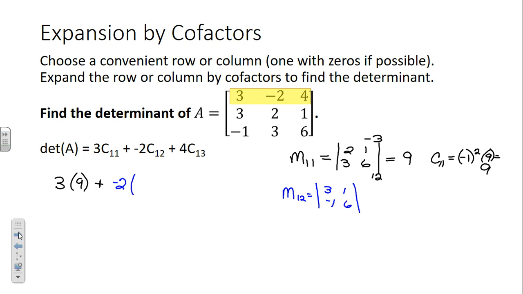Now evaluate the determinant. 3 times 6 is 18, minus negative 1 times 1. Change the sign: 19. So the minor is 19. What about the cofactor of row 1, column 2? Negative 1 to the third times 19 will be negative 19.